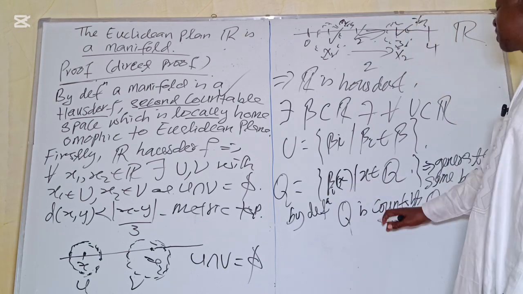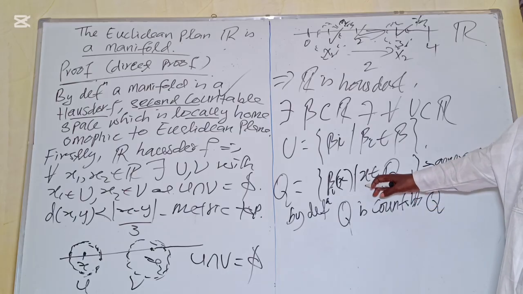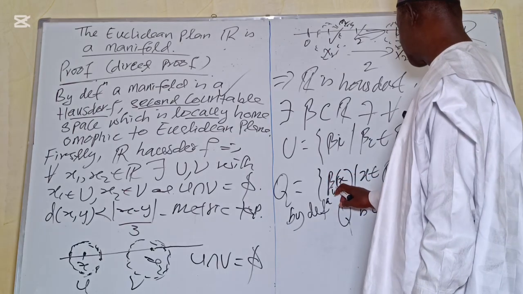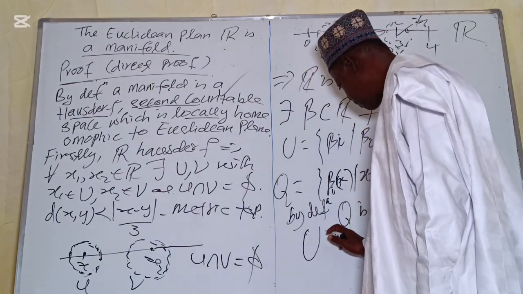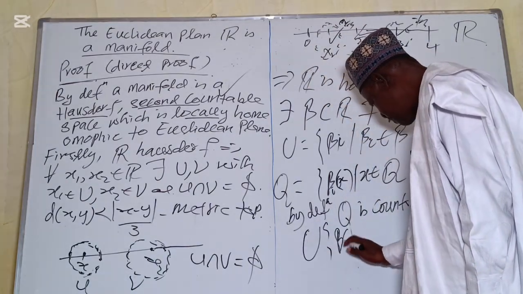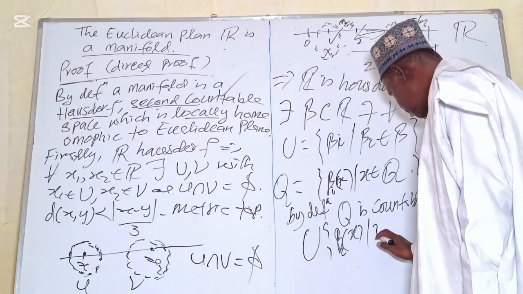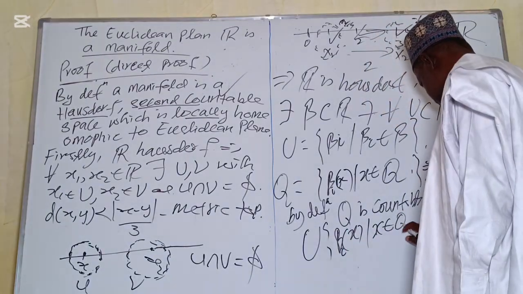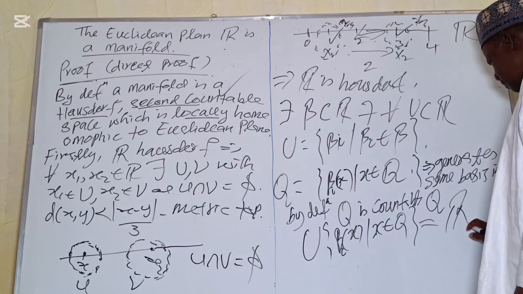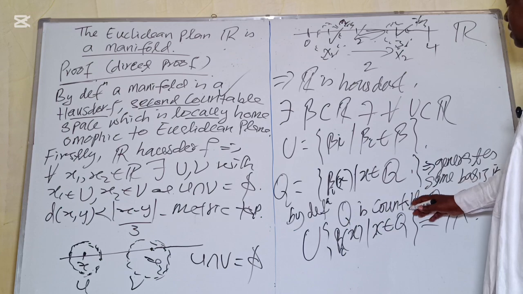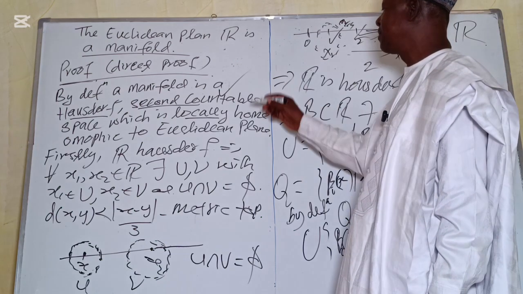So we have a basis which is countable. It is second countable because if you take the union of all the B_i of x, where x is in Q, it is going to generate the whole of R. So this is a second countable space, and we are done with second countability.